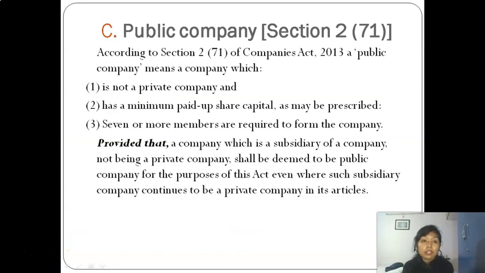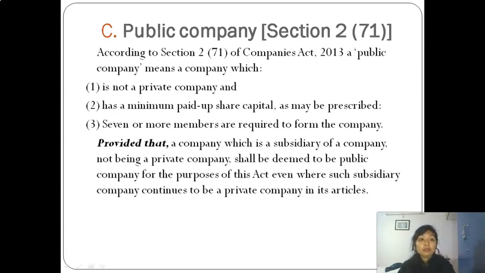Now, continue with the public company part. What is a public company? It is defined in section 2, clause 71. If you have understood what a private company is, then this will be very easy for you. If not, reverse the video and watch what a private company is, and then come forward.